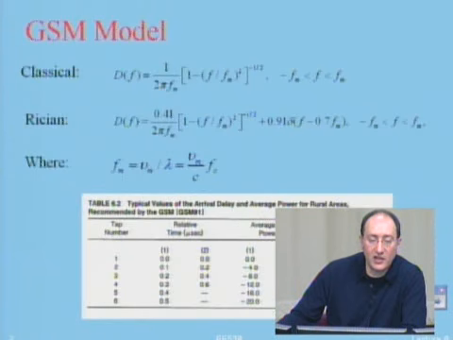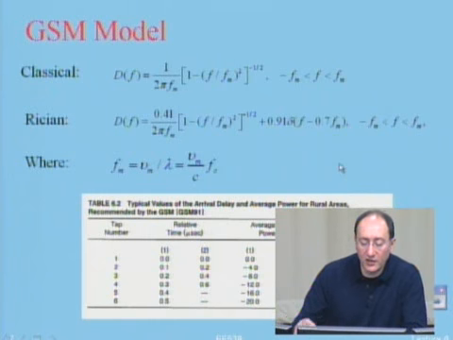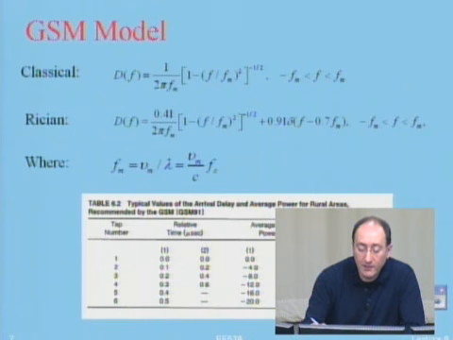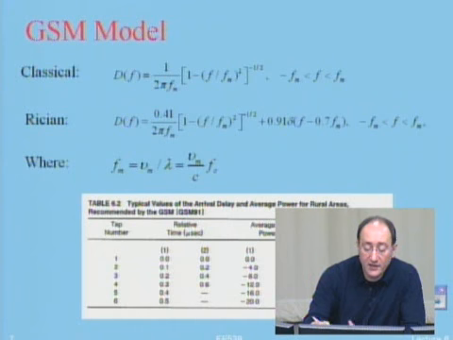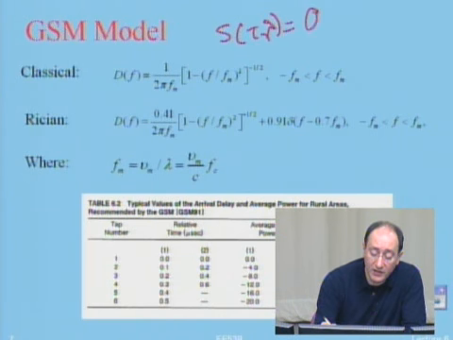wideband models. Starting with the GSM model, as I told you in lecture 1, in this type of modeling, which is modeling for communication applications, people define the standard with a scattering function, which is something like S of tau and lambda, and this is two functions, Qs of tau and D of lambda.